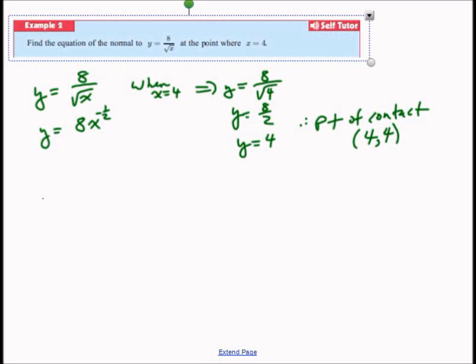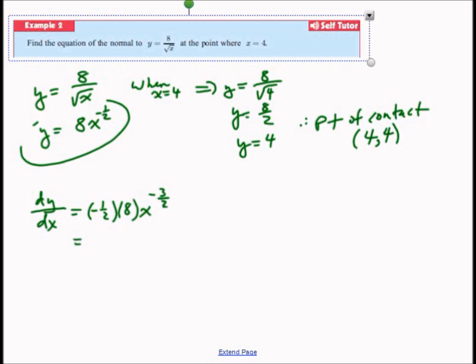Okay, the derivative. Using this information for my derivative, it would be negative 1/2 multiplied by 8x, and then decrease the exponent by 1, negative 3 over 2. Let's simplify that: negative 4x to the power of negative 3 over 2, which is negative 4 over x cubed, square rooted.